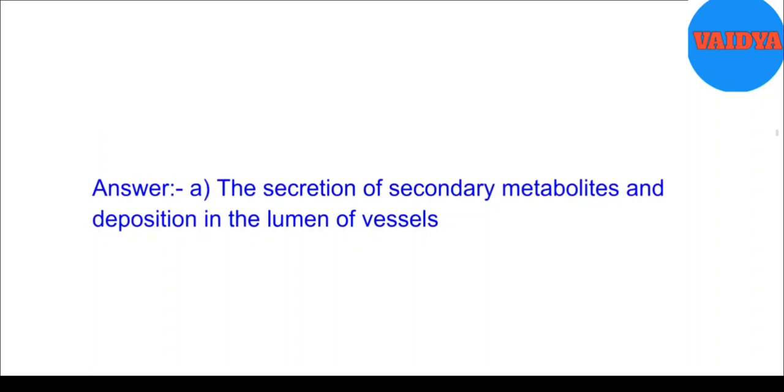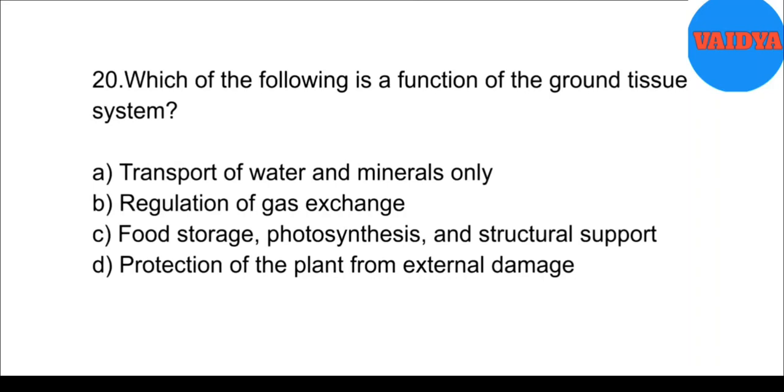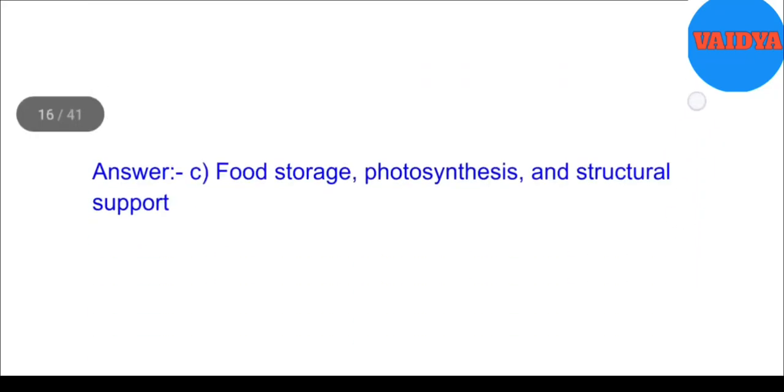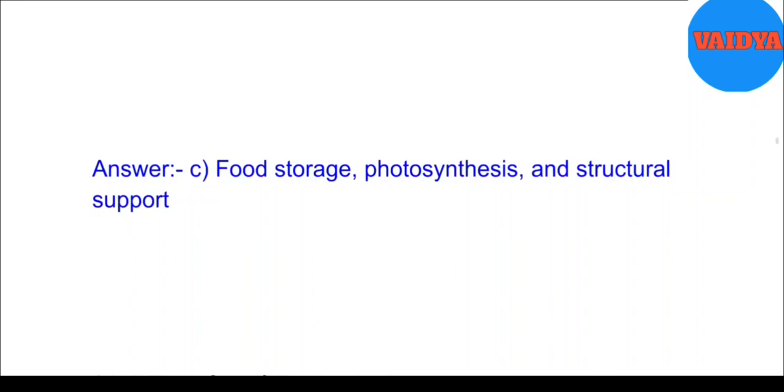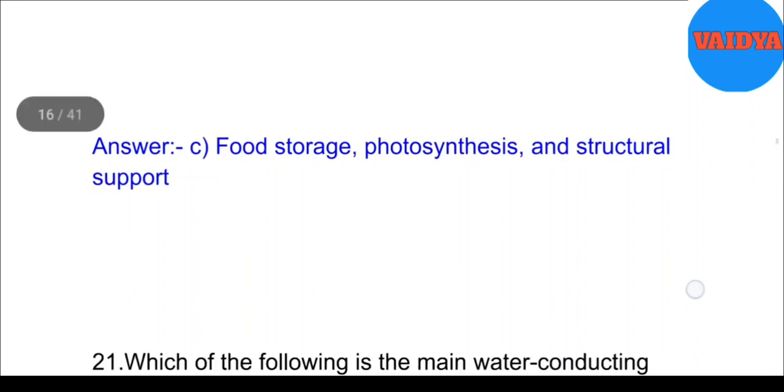A. The secretion of secondary metabolites and deposition in the lumen of vessels. 20. Which of the following is a function of the ground tissue system? A. Transport of water and minerals only. B. Regulation of gas exchange. C. Food storage, photosynthesis, and structural support. D. Protection of the plant from external damage. Answer. C. Food storage, photosynthesis, and structural support.